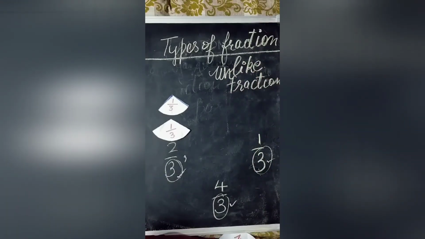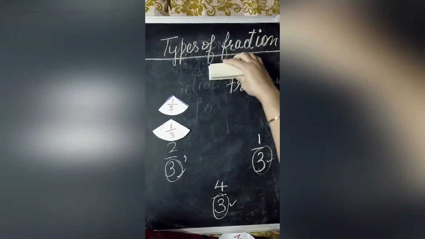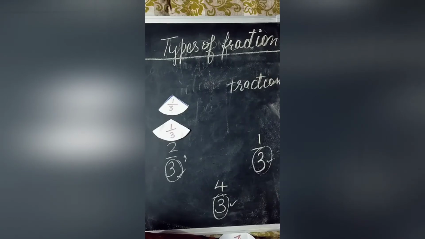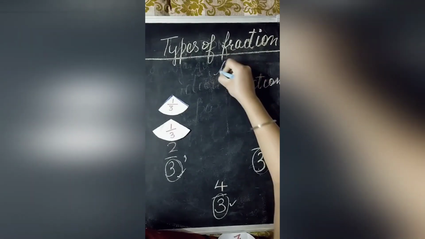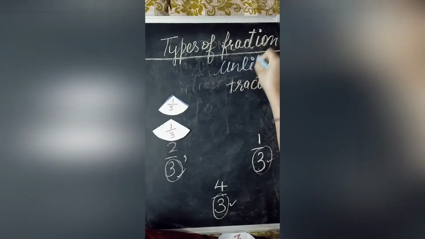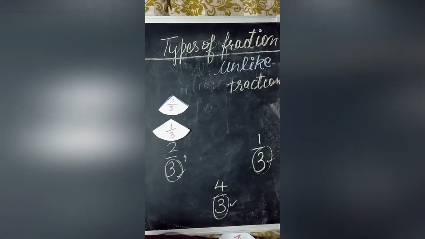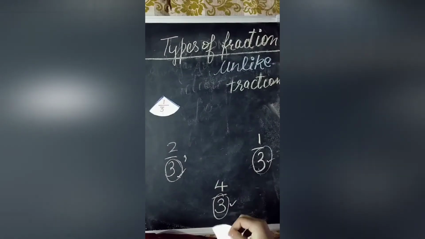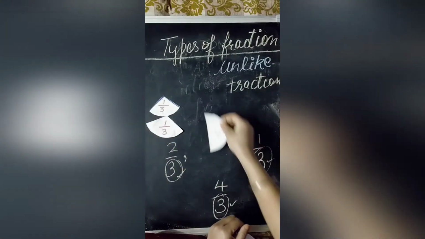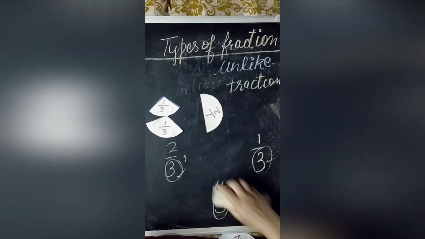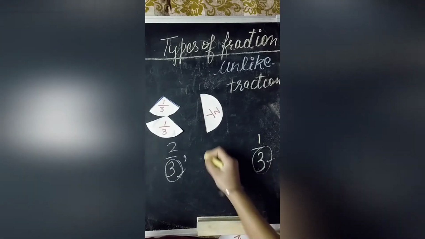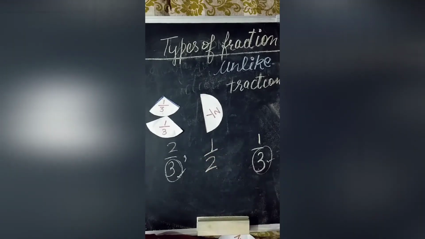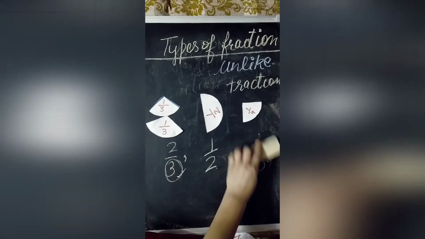what are unlike fractions? So this is 1/3. We can say this is 2/3. What piece size is it? This is half. Okay. What piece size is this?